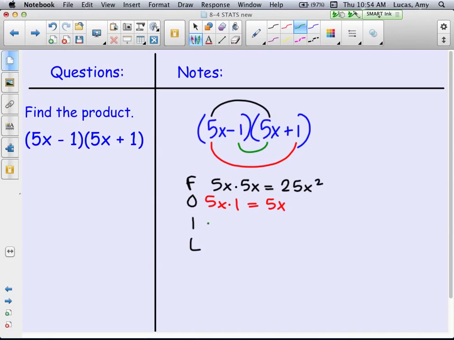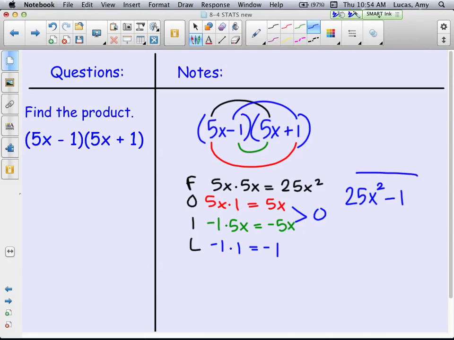Inside, negative 1 times 5x is negative 5x. And last, negative 1 times 1 is negative 1. Combining the two terms in the middle, outsides and insides, they cancel out, so we are left with 25x squared minus 1. And again, it's a difference because they're subtracted and they're both perfect squares.